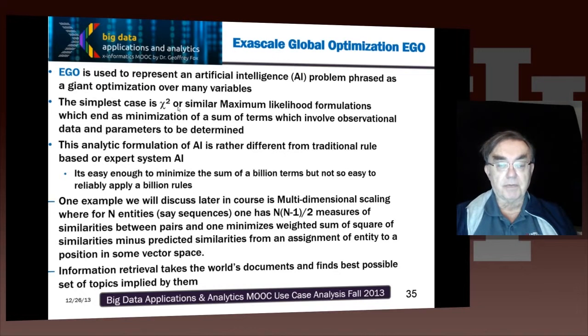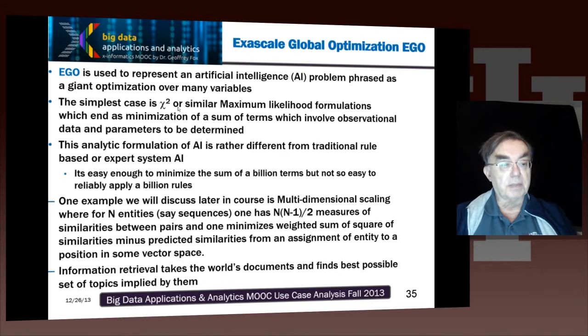And this type of artificial intelligence formulation is pretty different from the rule-based or expert system AI. And it's probably the most appropriate when you really have a lot of information, because you can try to minimize the sum of a billion terms, but you can't really reliably apply a billion rules. They will interfere with each other.